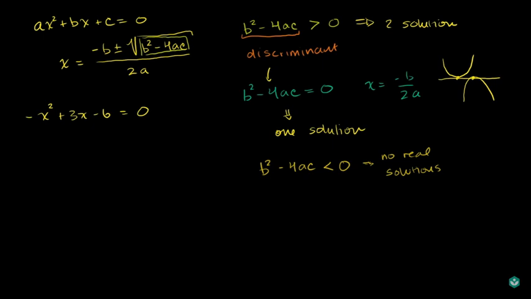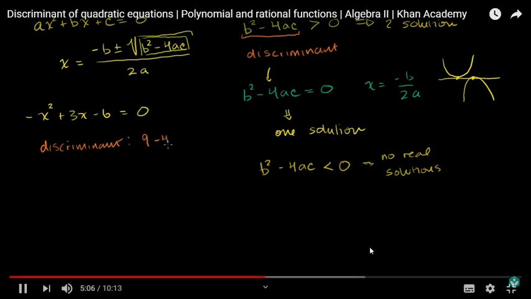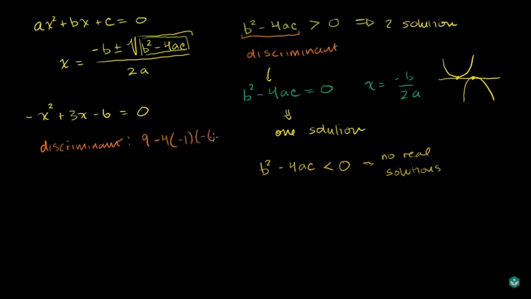So if you're in a situation like that, I can just look at the discriminant, b squared minus 4ac. So the discriminant here is what? b squared is 9 minus 4 times a, negative 1, times c, which is negative 6. So what is this equal to?